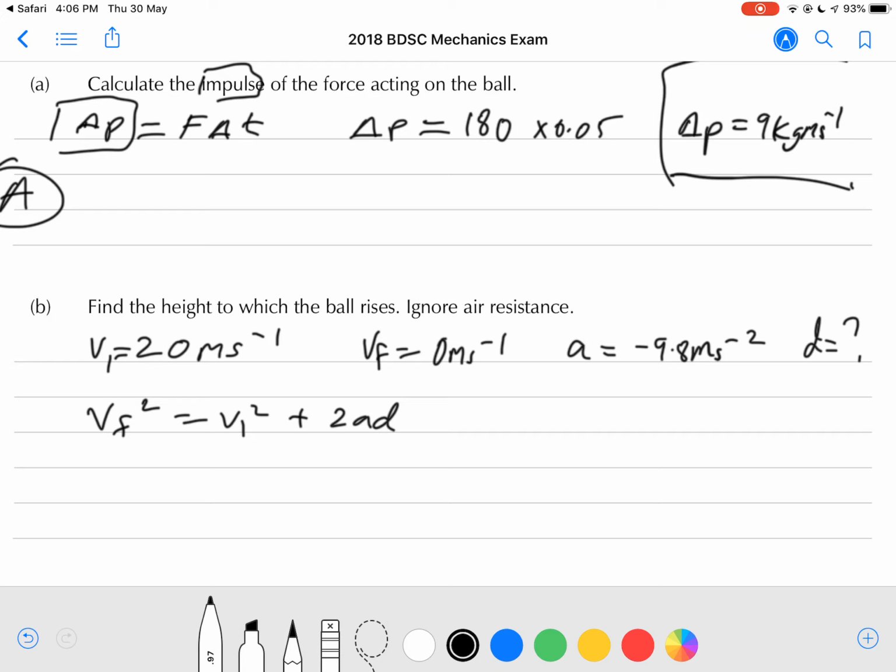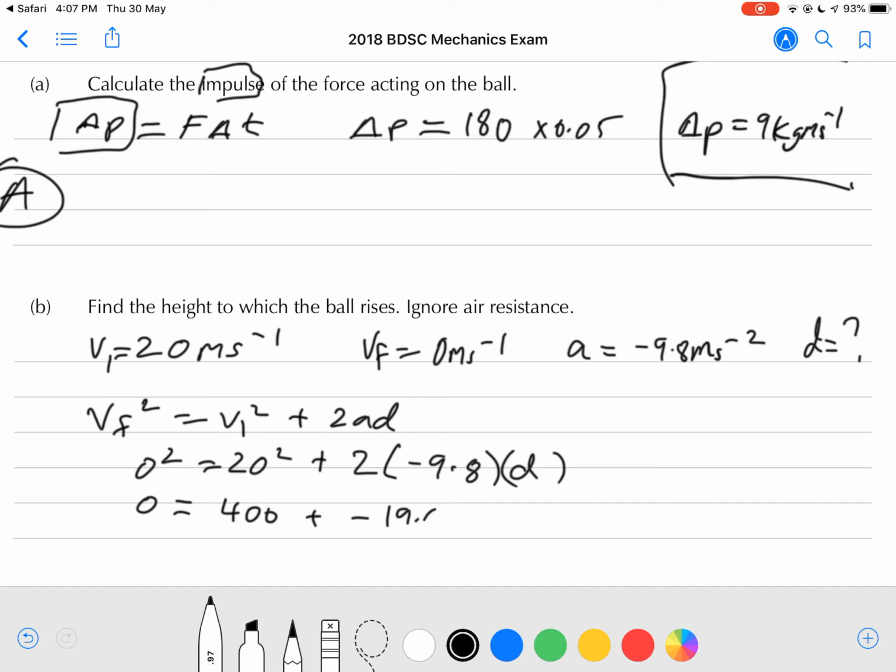So vf squared, 0 squared, equals vi squared, which is 20 squared, plus 2 multiplied by acceleration, negative 9.8, multiplied by the distance d, which we're trying to find. We simplify this: 0 equals 400 plus negative 19.6d.